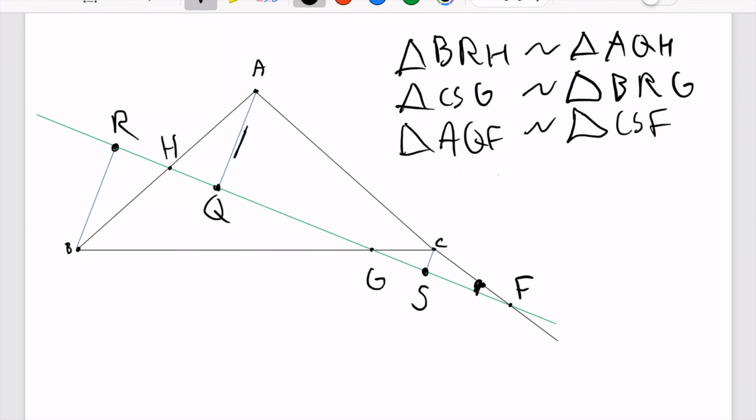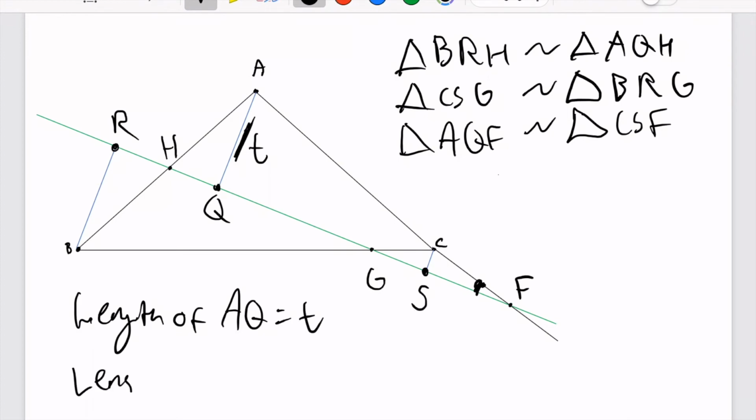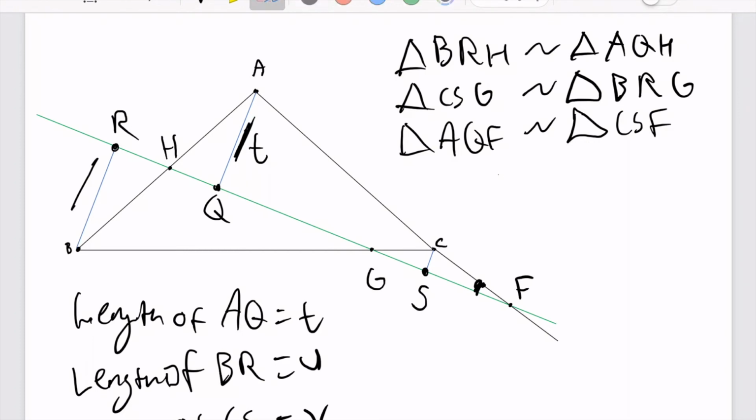This length here, I'm going to call T. So the length of AQ is T. The length of BR is U. And the length of CS is V. Now, unfortunately, in mathematics, we use U and V a lot, and they look very similar, so I'm going to try to keep U and V looking as different as possible.